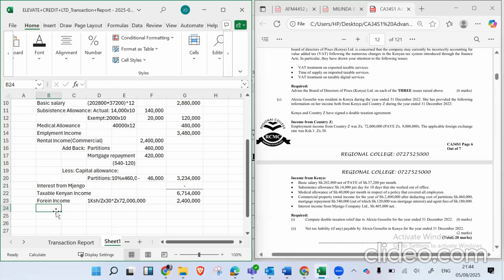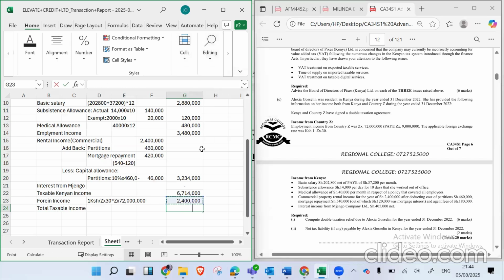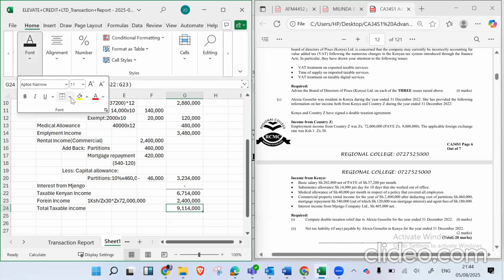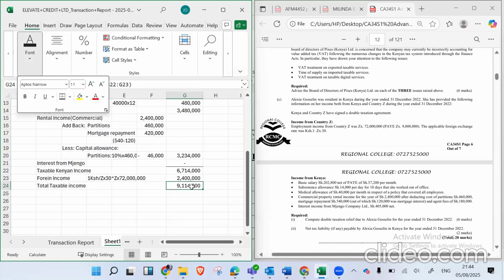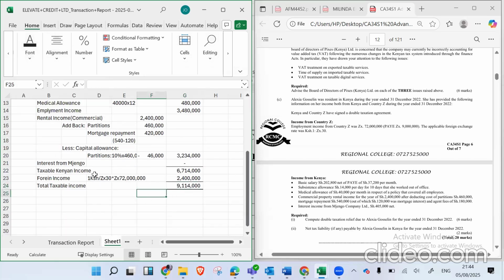So we have total taxable income, which is again the summation of that. So you have the total taxable income there. Now, at that point, we look at the total income.